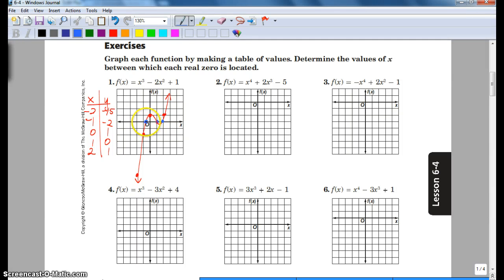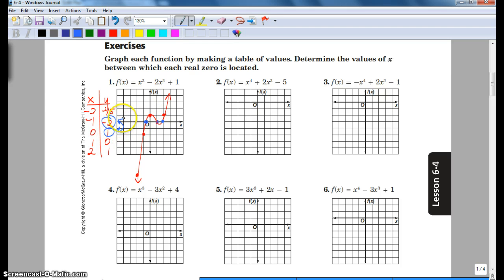So for this first value to the far left, it appears that that point is between -1 and 0. To confirm that, we can actually look at the y value of this ordered pair, which is -2, and the y value of this ordered pair, which is 1.